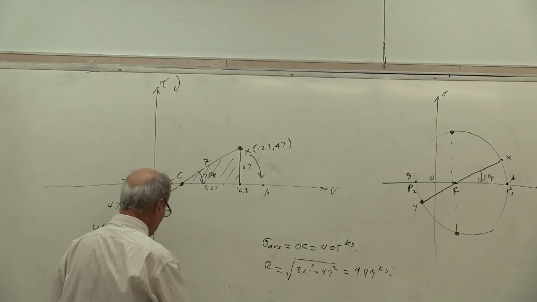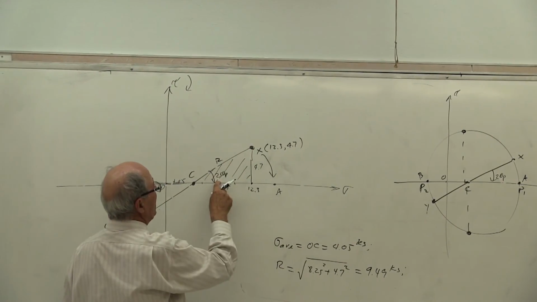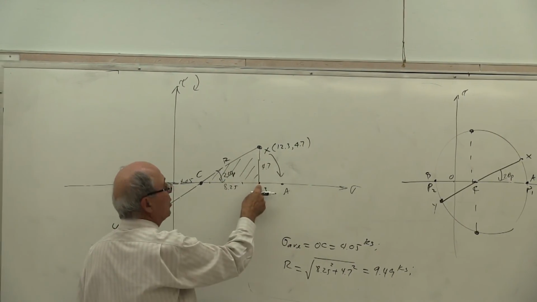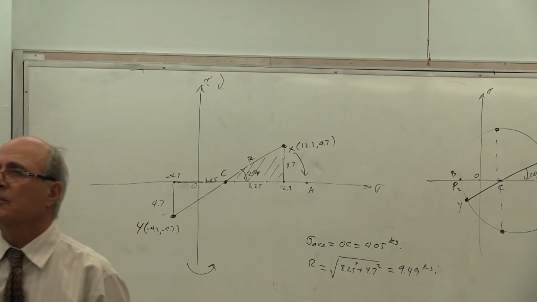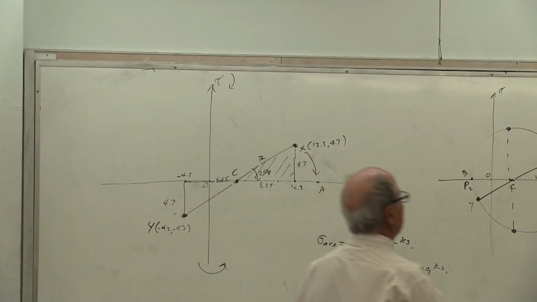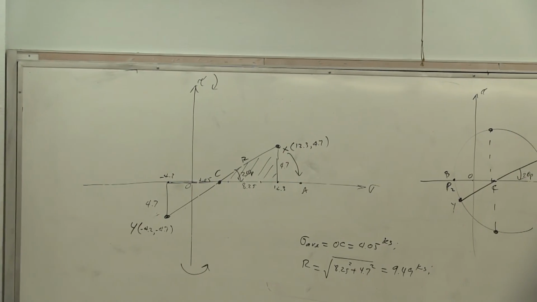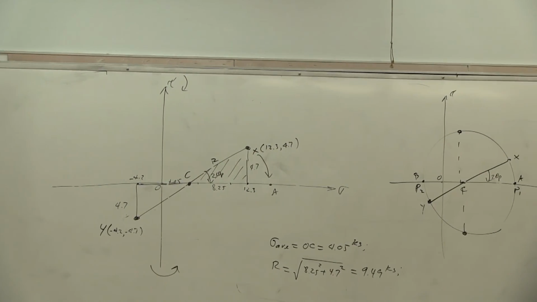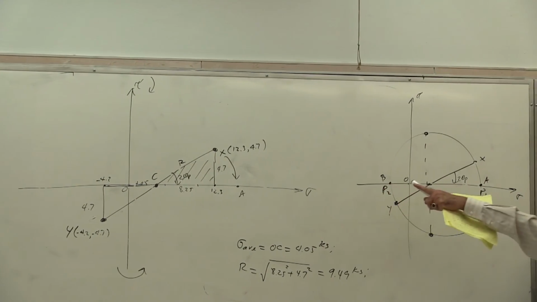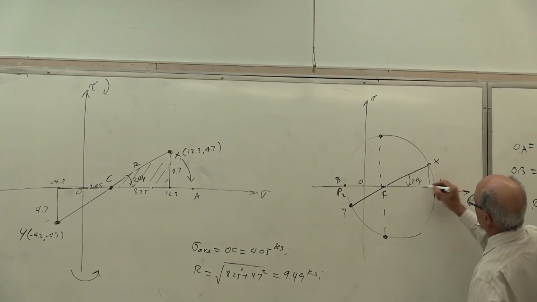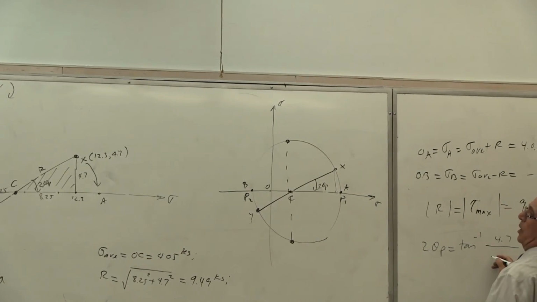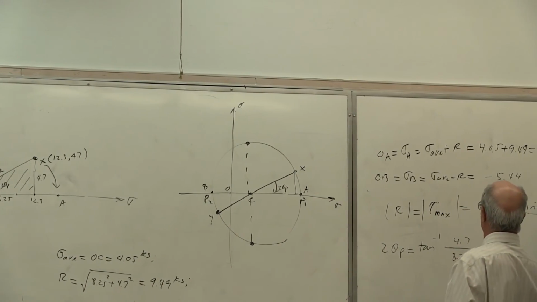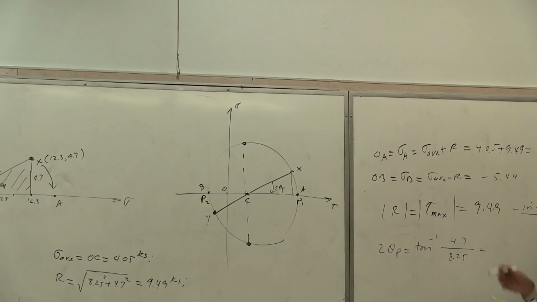Do I need any formula? Not at all. Tangent of this angle is 4.7 divided by 8.25. Is that correct or not? So therefore, please write it down. Tangent 2 theta p equals tangent minus 1 of this height divided by this length, 4.7 divided by 8.25, which is the same as your equation, but this is much simpler.